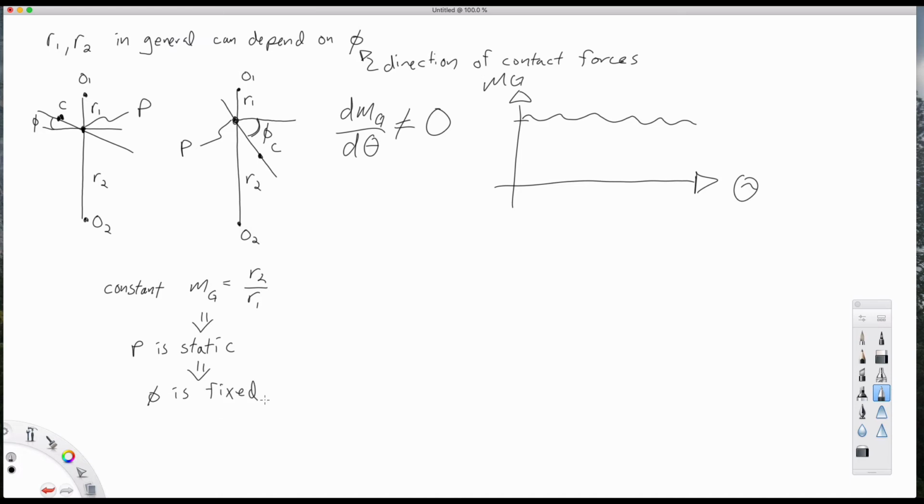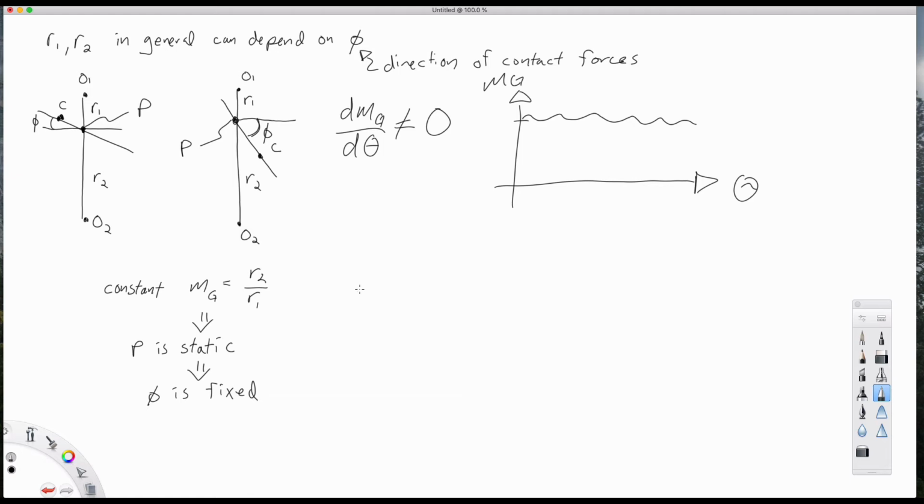And then by definition, if this pressure angle is always pointing in the same direction, then that means that the forces at the point of contact must always be pointing in the same direction. Or in other words, at the contact point, the common normal must always point in the same direction.